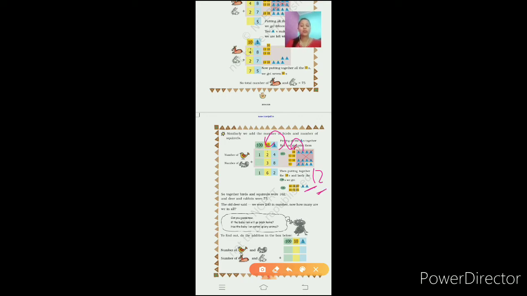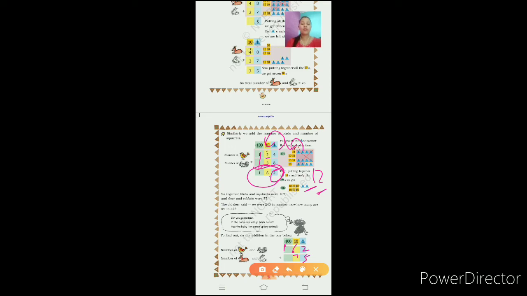So 2 is left, just write 2 here. Now 2 plus 3 plus 1 is 6, and 1 directly from the hundreds place. So now the total number of birds and squirrels is 162, and previously the number of deer and rabbits was 75.